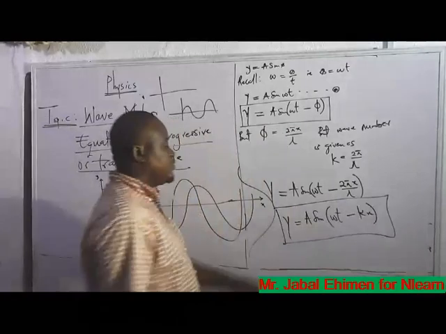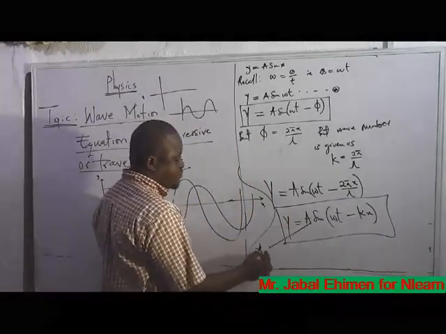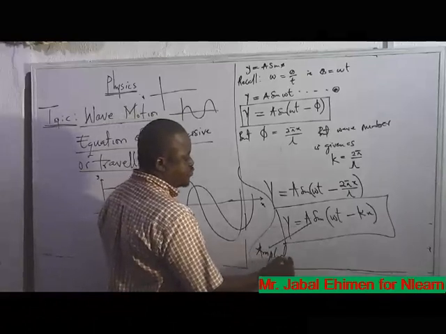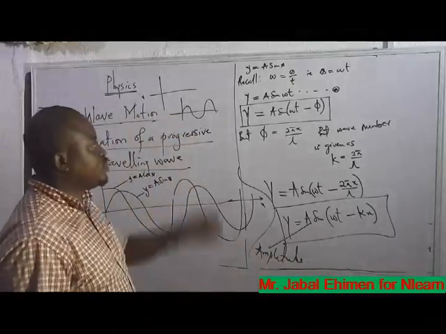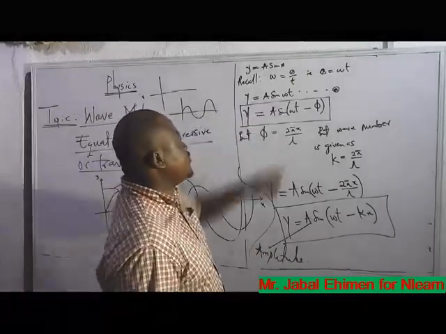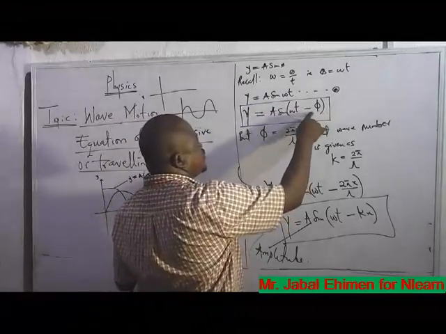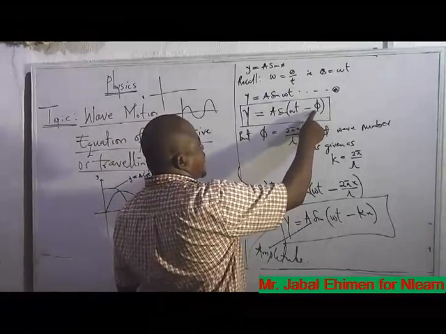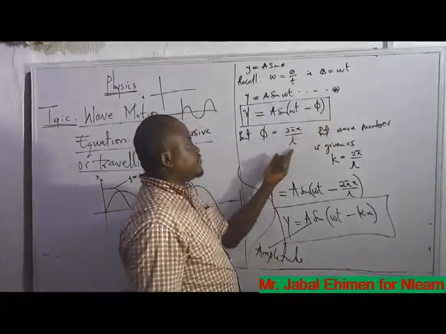You must take note of this, it's very important. Please don't forget, this A stands for amplitude. So we'll take it again. Y is A sine Wt. Because we are now having a phase difference, that's why the bracket came in. So we have the phase difference as phi. But the phi is 2 pi x over lambda.